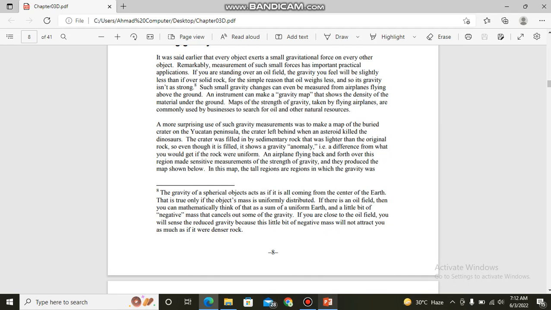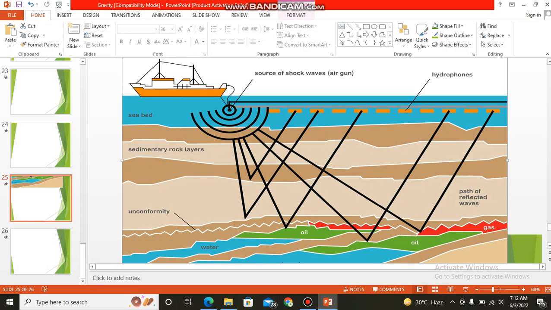We'll see a picture of how we find oil. The source is a rock air gun used by the ship.